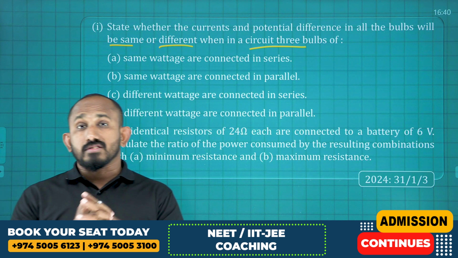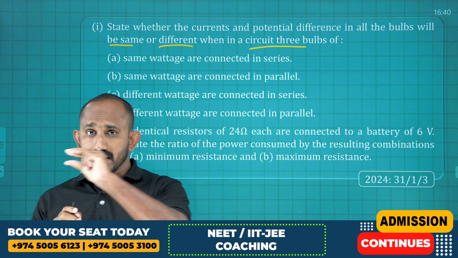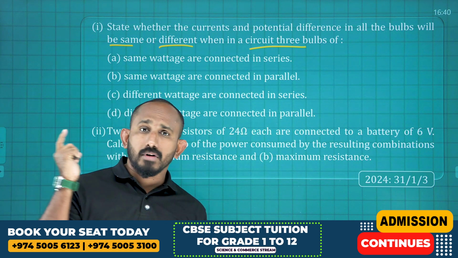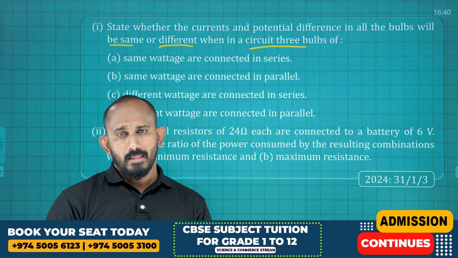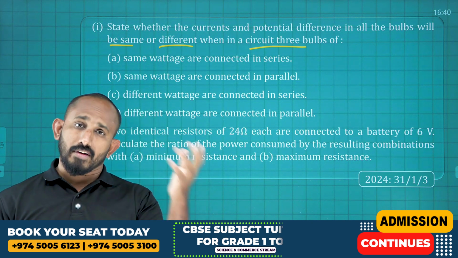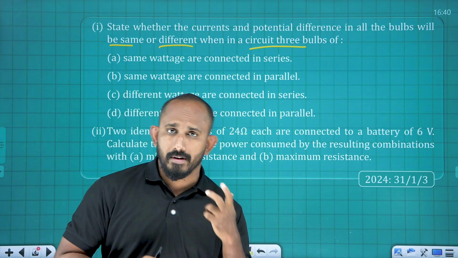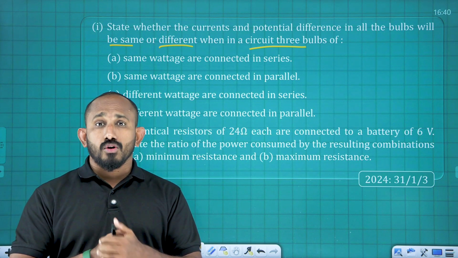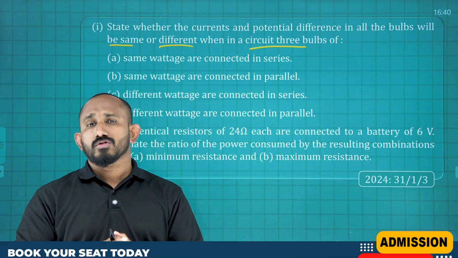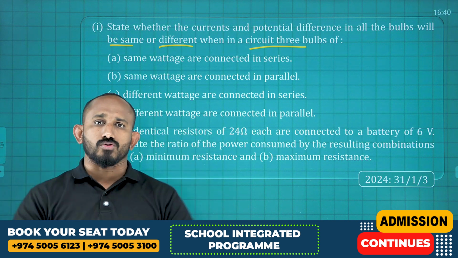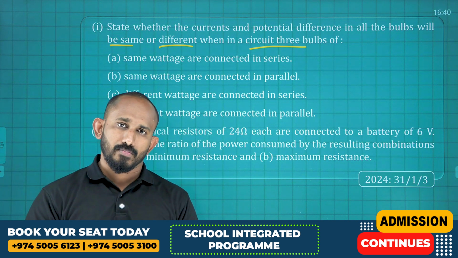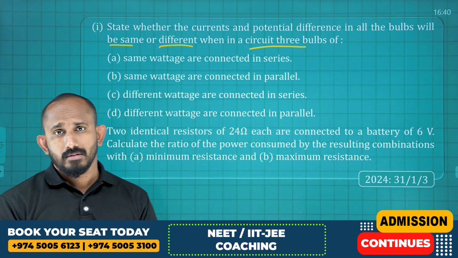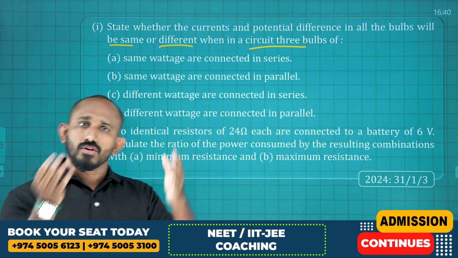You know, when resistors or devices are connected in series, the same current passes through all the resistors, but the potential difference will be different. In parallel combination, the voltage across each device will be the same because all of them are connected between 2 common points only, but the current will be different. You have to use that idea here also.